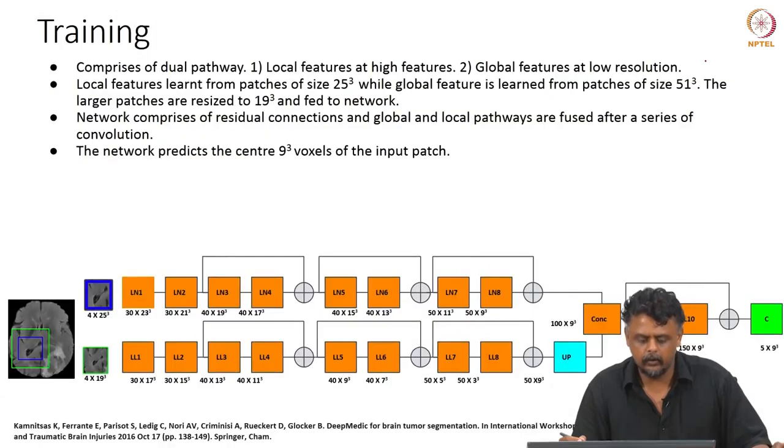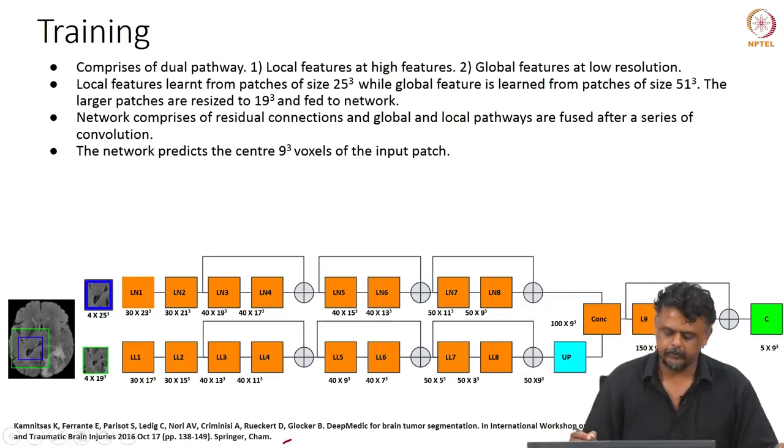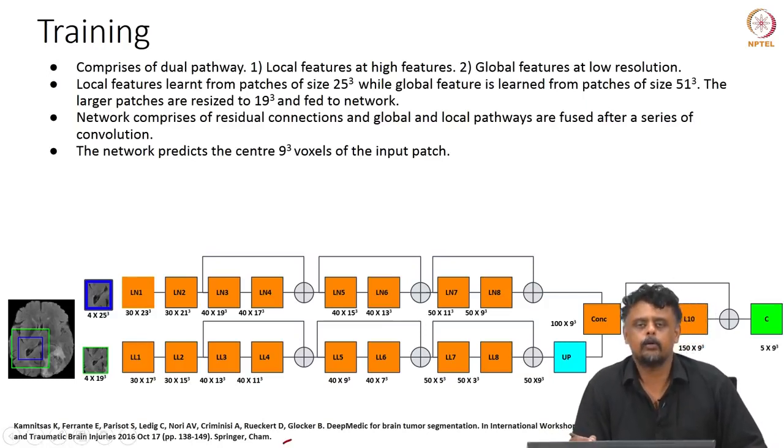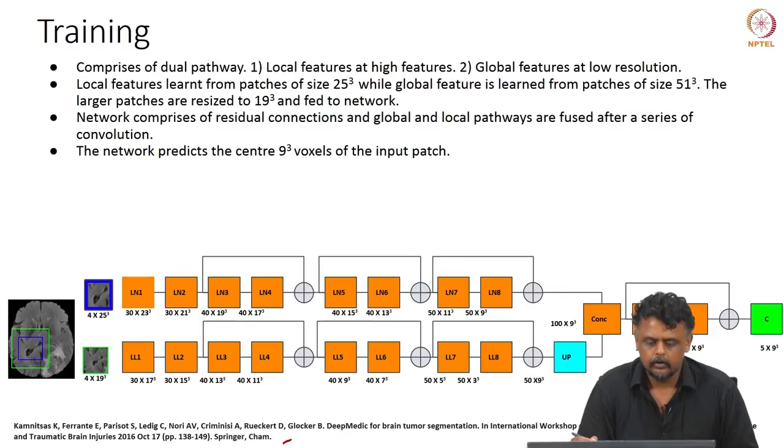We just briefly look at the architecture used. This was again the winning architecture 2 years in a row, I think 2016 and 2017. The citation is at the bottom. This group used a multi-pathway or 2-pathway network.